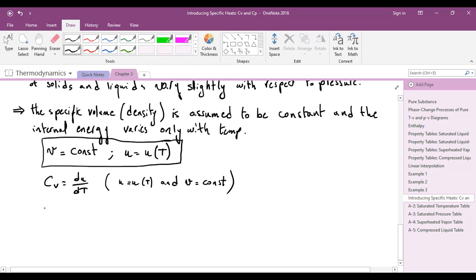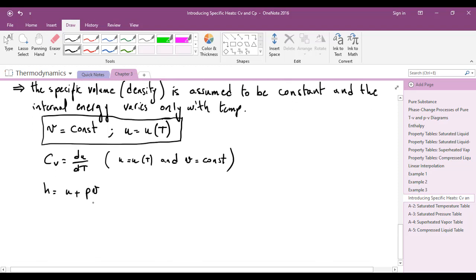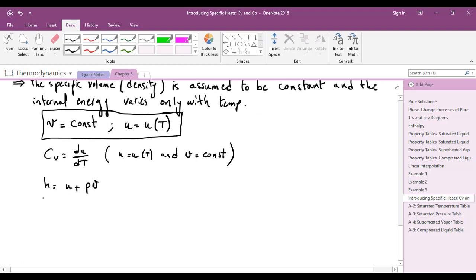Now for the enthalpy, H, as we said, is U plus PV. So if we take the derivative of these two quantities with respect to temperature during a constant pressure process, U depends on temperature, so it will be dU over dT, plus the derivative of PV.